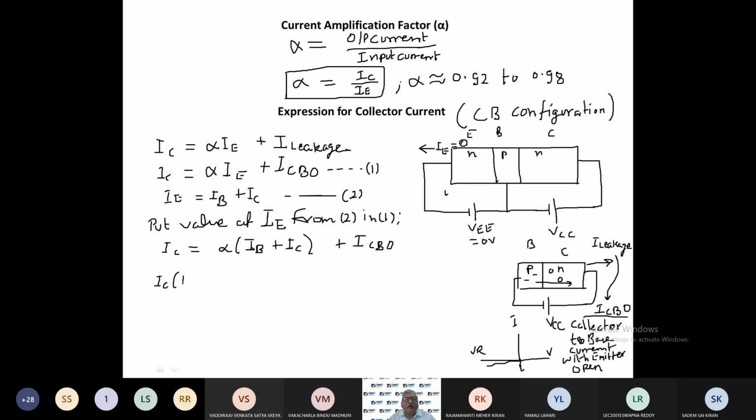IC (1 minus alpha) is equal to alpha IB plus ICBO, and this we can write as IC is equal to alpha by 1 minus alpha IB plus 1 by 1 minus alpha ICBO.